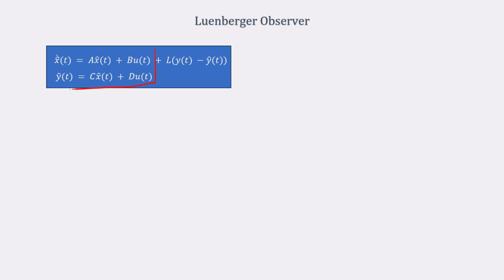Notice that this was the equations for the open loop estimator. Now, I have also added the information of the output. This is the actual output of the system, and this is the output that the observer is giving.